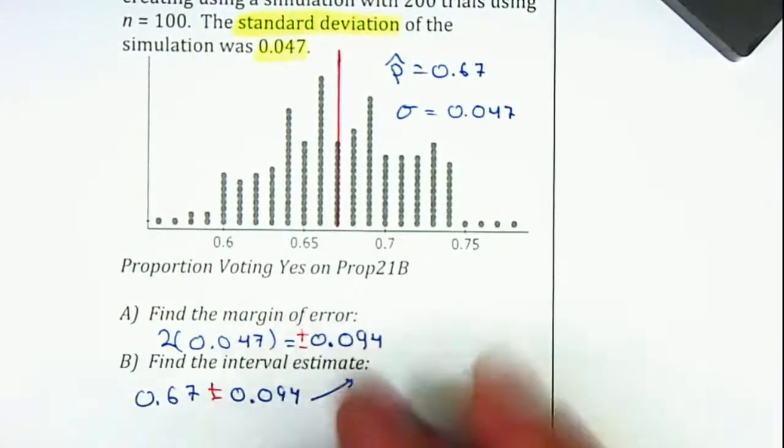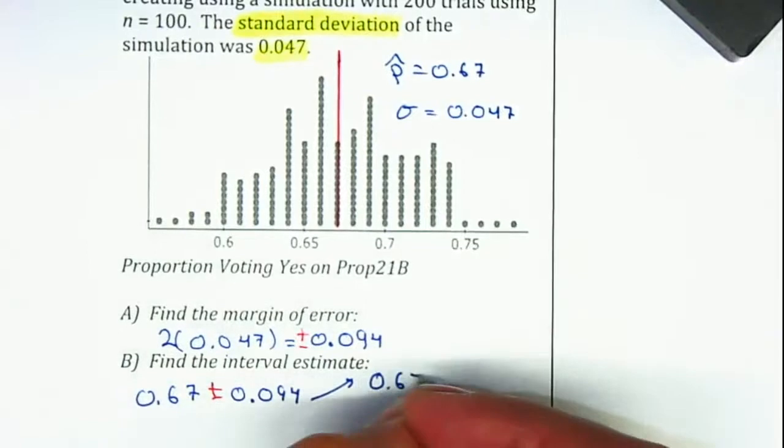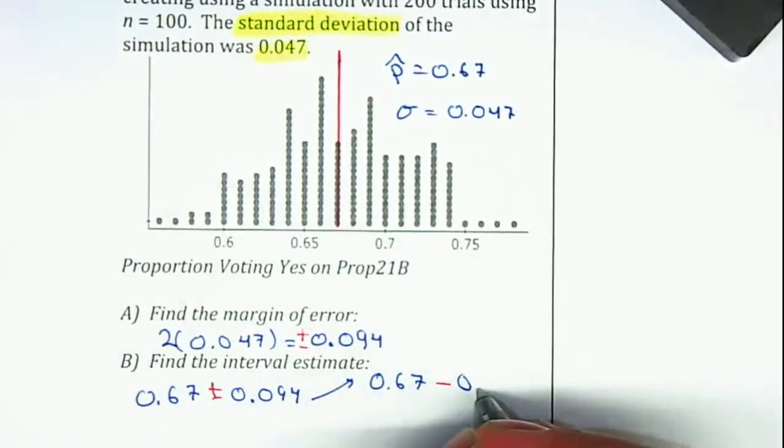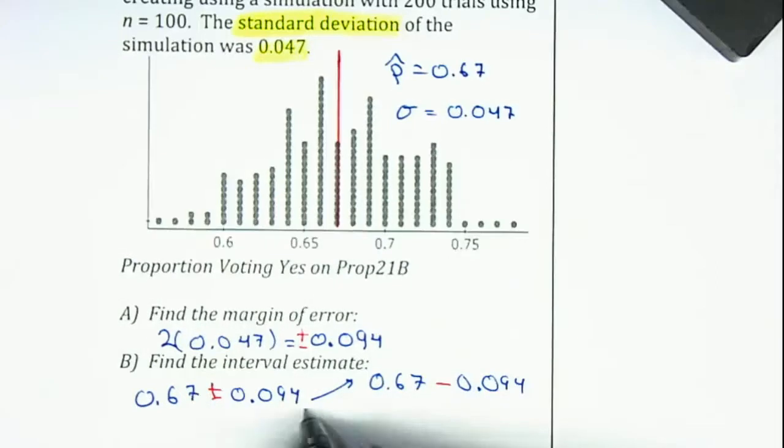I'm going to place the minus first, and I'll place the addition afterwards. That way I get the lowest value and then the higher value afterwards.